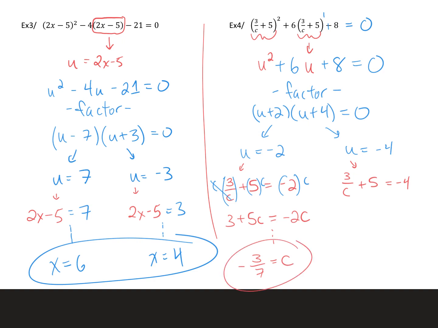So that's one answer. If you do something similar over here, you will end up with c equals negative 3/9, which in fact simplifies to negative 1/3.